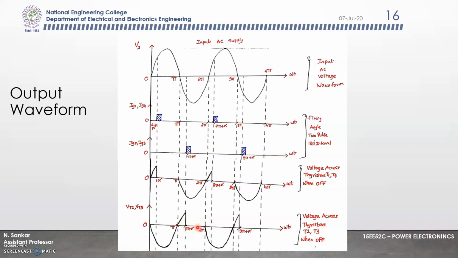During turn on, the voltage across any switch will be nearly 0 for an ideal switch. If it gets turned off, it will be equal to the input supply voltage. So this is the graph showing the voltage across the thyristors when they are turned off.